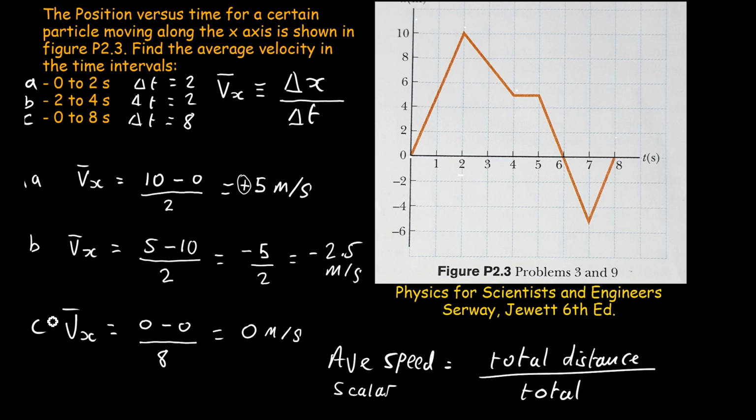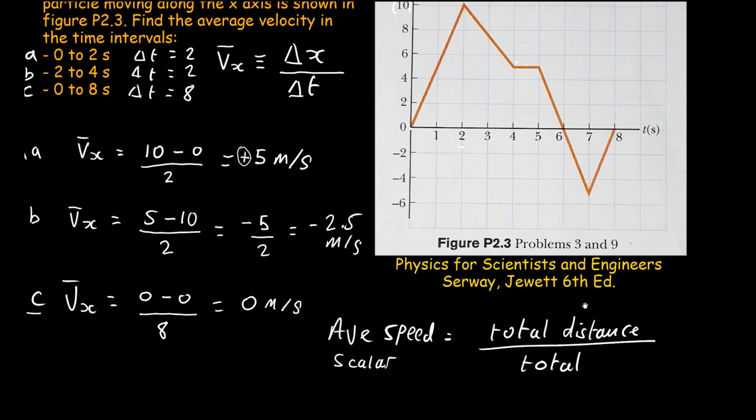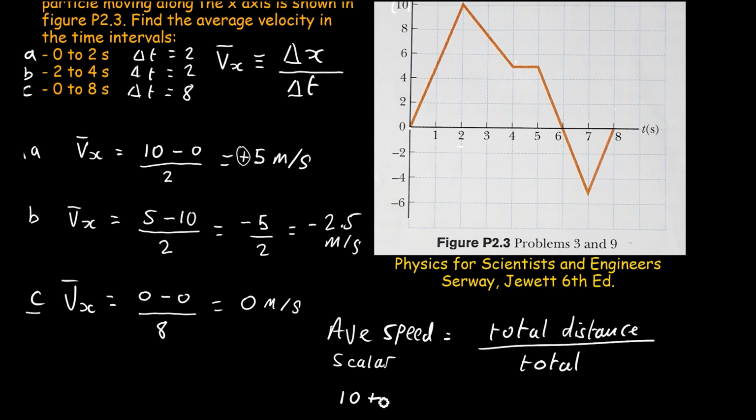So if I were to work out the average speed for part C over the 8 seconds, I would have to add up the total distance that the particle travelled in that 8 seconds. So in the first 2 seconds, it travelled 10 meters up here, 10, plus, then it moved in the negative x direction by 5, but because the sign doesn't matter, we just simply add that distance.